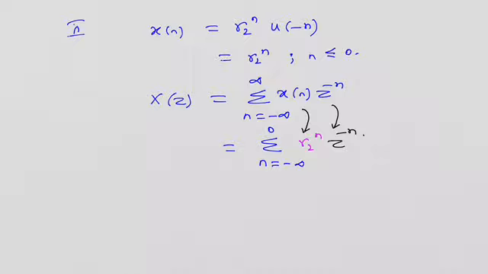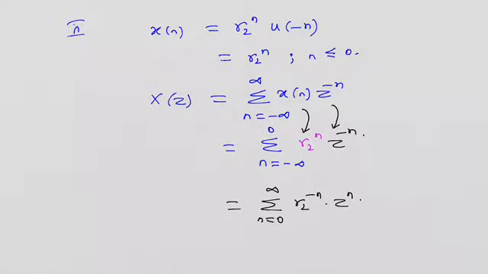The summation is limited from minus infinity to 0. Or you can rewrite the same expression as n equal to 0 to infinity. You have removed the negative symbol from the values of n. So the term will be r2 power minus n and z power plus n.